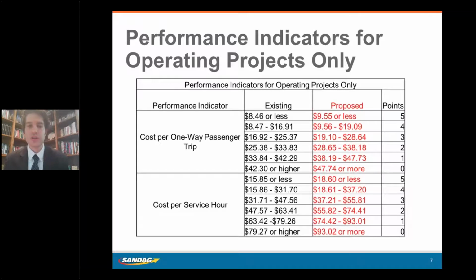Second, to reflect current trends in specialized transportation service delivery, staff proposes updating the cost per one-way passenger trip and cost per service hour performance indicators. Next slide, please.